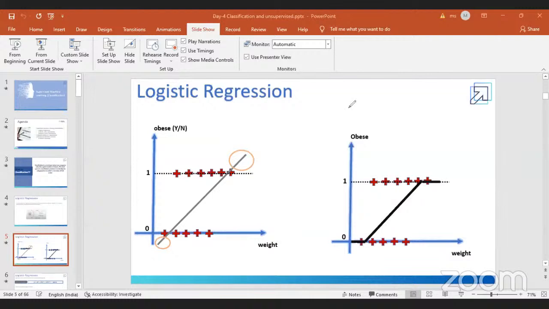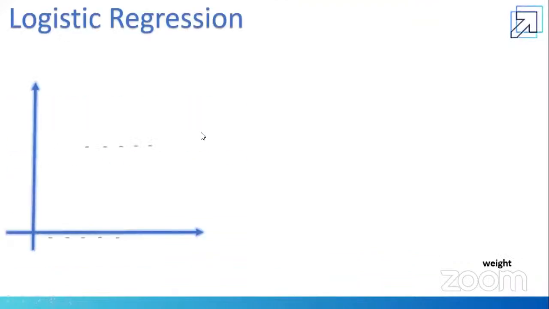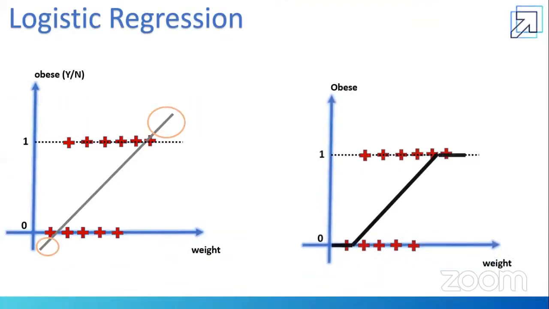So we scaled our values within the range of 0 and 1. Any value above 1 is considered to be 1, and any value less than 0 will be considered as 0.